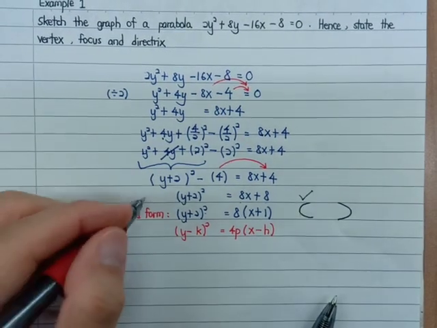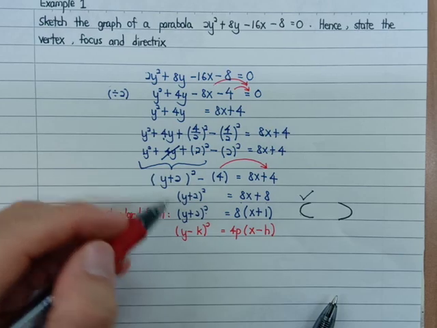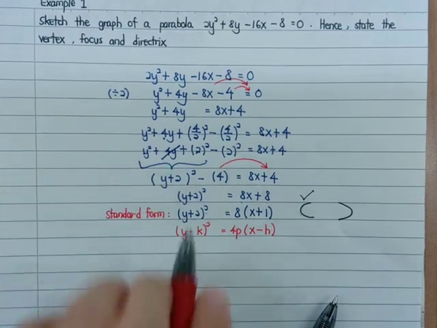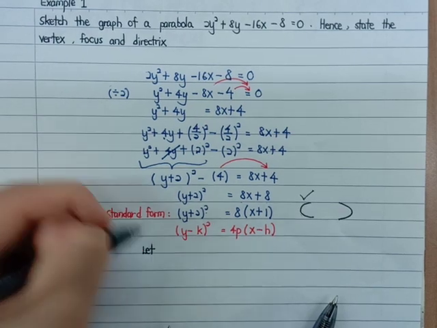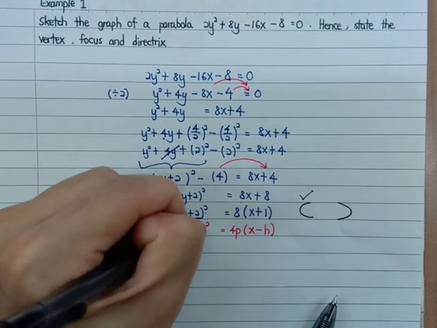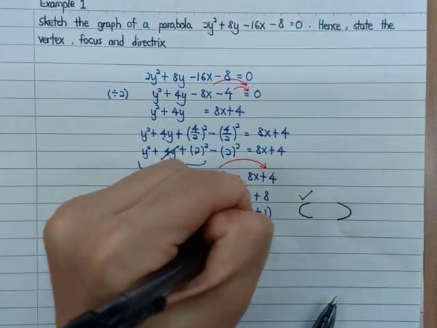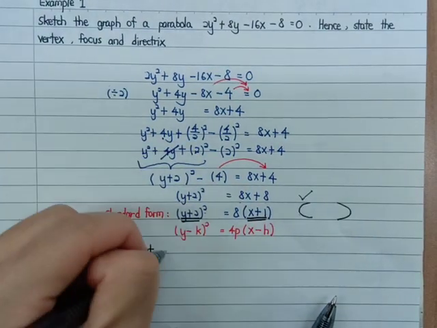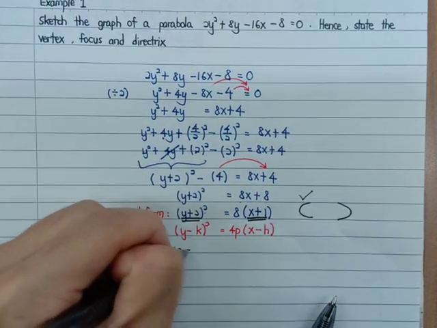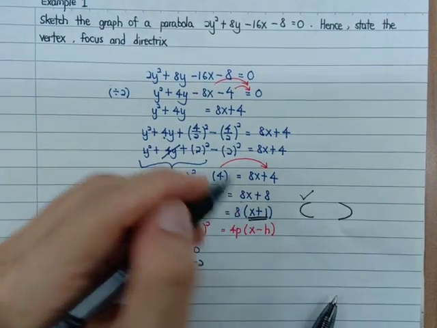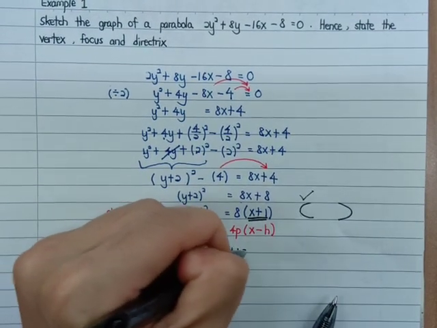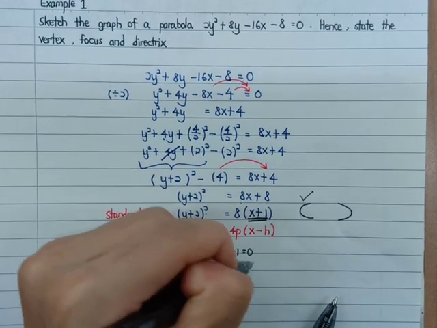So next, I try to find the coordinate of vertex. From here, just like circle, I let y plus 2 and x plus 1 equal to 0. Y plus 2 is equal to 0, y is equal to negative 2. Again, x plus 1 is equal to 0, x is equal to negative 1.